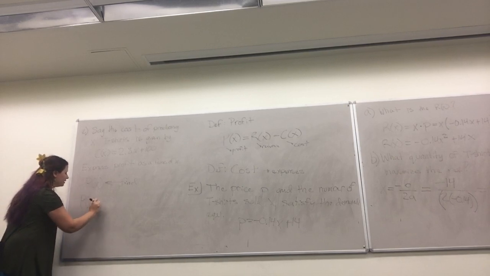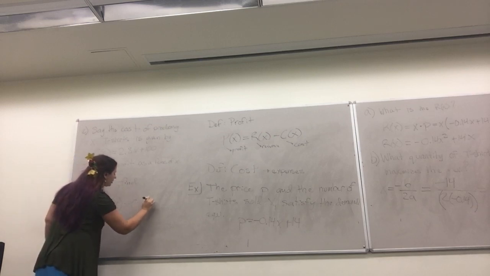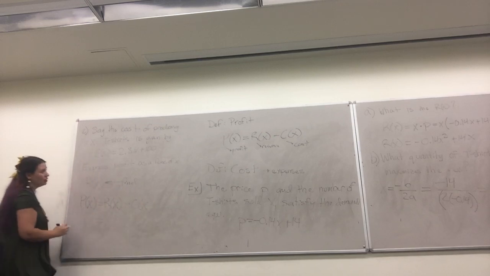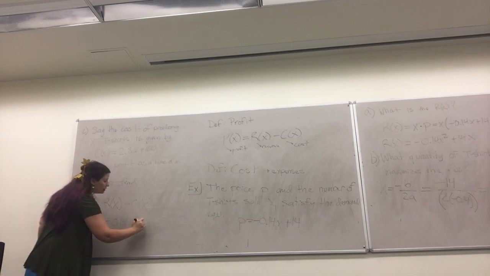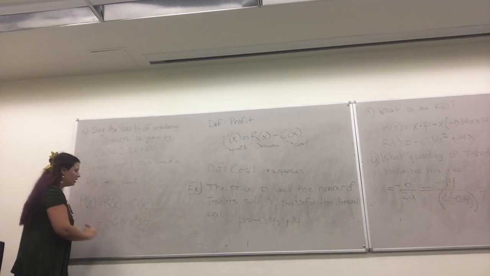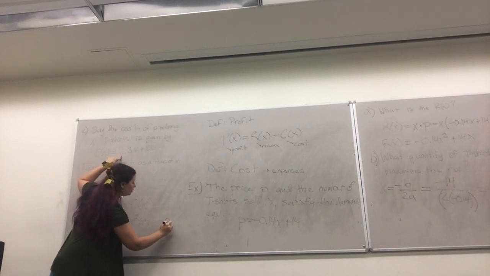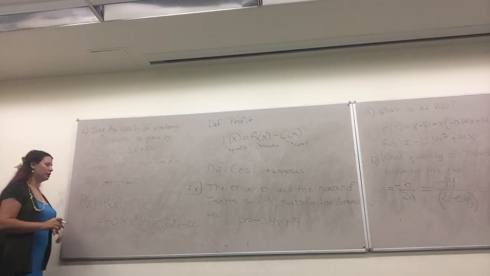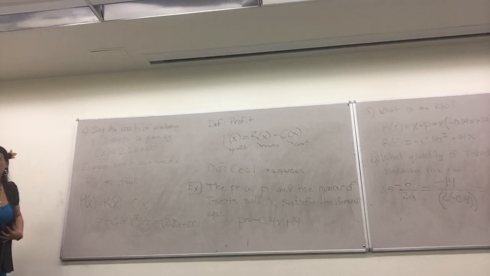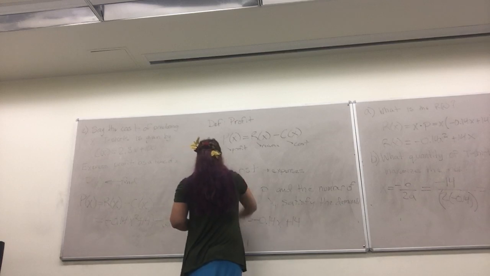So, P of X is equal to R of X minus C of X, which is our revenue equation that we found, negative 0.14x squared plus 14, minus cost equation, which we just got told, 2.8x plus 100. Now, I wrote those parentheses on purpose because we're subtracting a quantity, right?